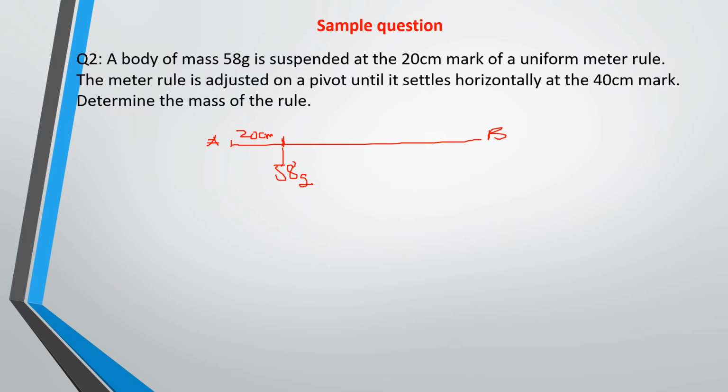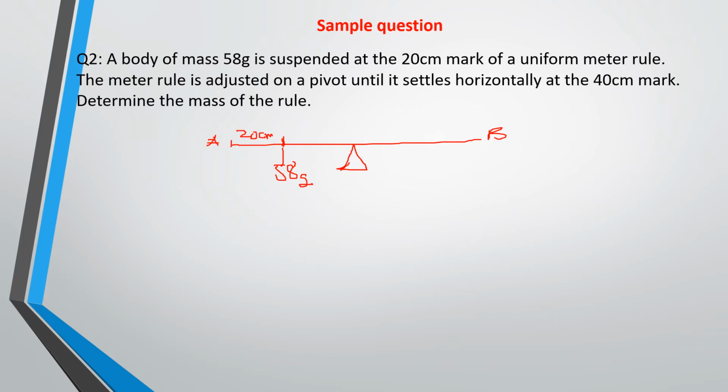Then they say that the meter rule is adjusted on a pivot until it settles horizontally at the 40 centimeter mark. Okay, so as you are adjusting on the pivot, it settles at the 40 centimeter mark.